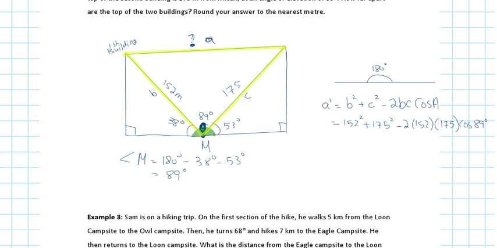So to do this, remember, you either have to do the whole thing on the calculator at once, or you're gonna have to do each part. So 152 squared, write the answer, 175 squared, write the answer, and then you're gonna multiply 2 times 152 times 175 times cosine 89. I'm gonna do it all together in the calculator.